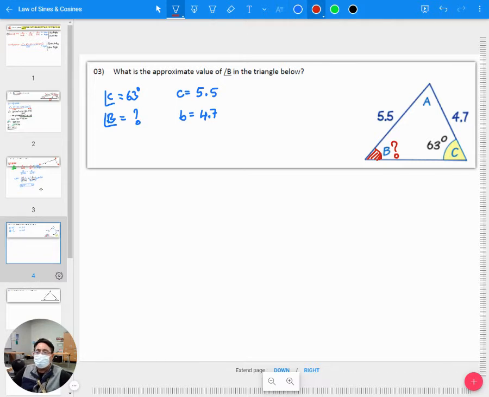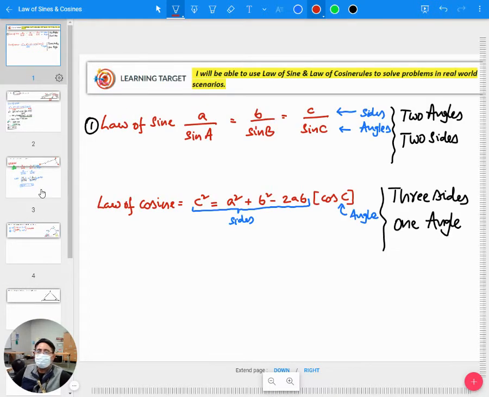So you have to analyze the question. I see that here two sides are given, and of course one angle is given and another angle you are asked to find. So here two angles and two sides are involved. So let's go back to page 1 and see that.